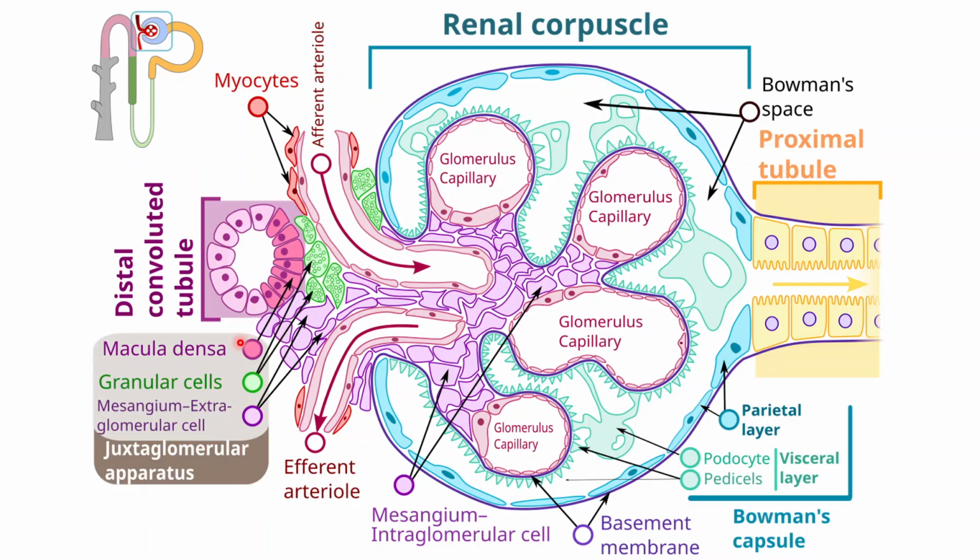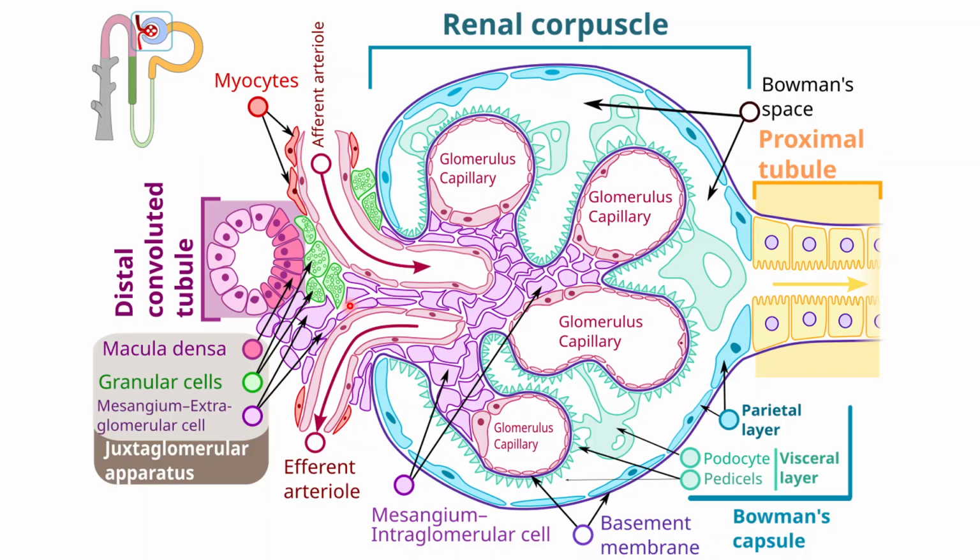And this macula densa, these specialized cells in the DCT that touch the afferent arteriole, are important for measuring sodium chloride concentration in the filtrate. So that helps you make a decision: if there's low NaCl, low BP, low GFR; high NaCl, high filtration, and so on. So that's the main thing.